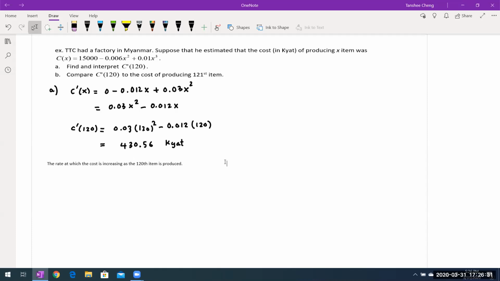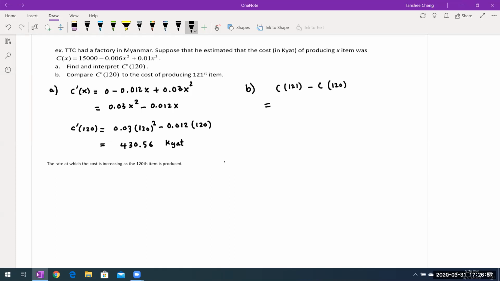That means I need to find the cost of the 121st item minus the cost of the 120th item. So from the 120th item to producing the 121st item, what is the change in the cost? That will tell me how much more it's going to cost.